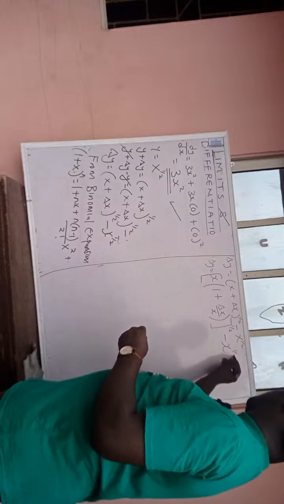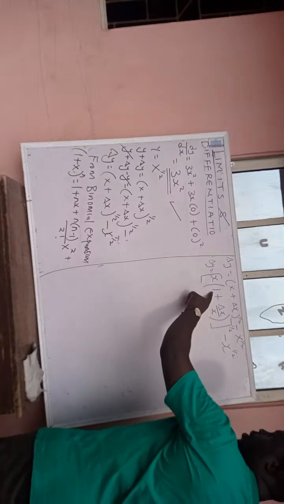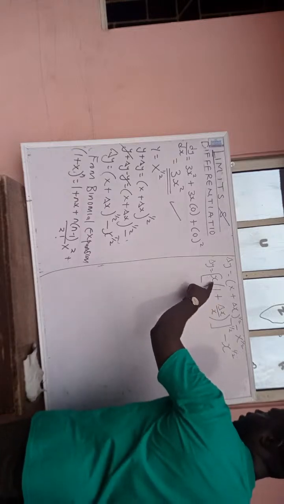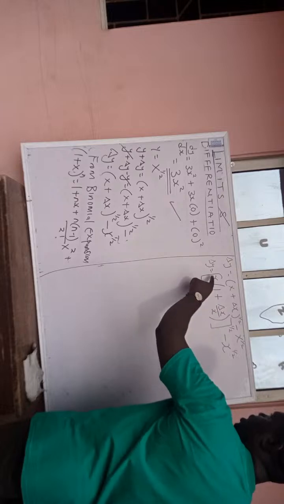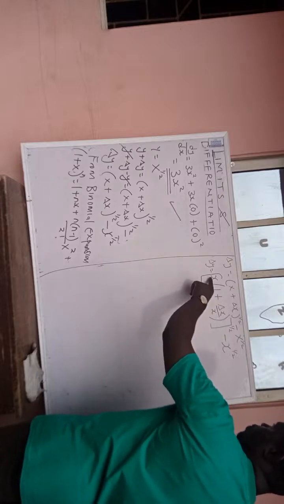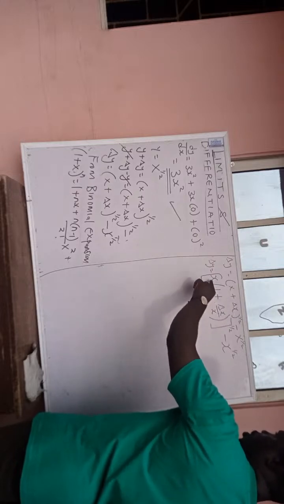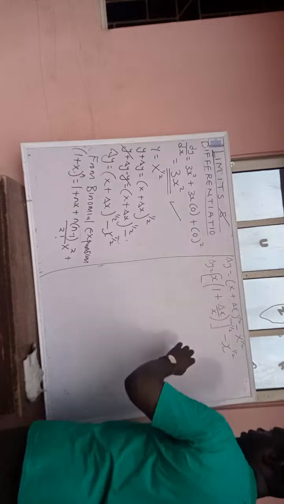The half comes this way, and then you have the half this way. Now let me explain this. x times 1, that's x. x times change in x would not be x, so if you divide by x, you are left with change in x. So if I open this, exactly what we have here.